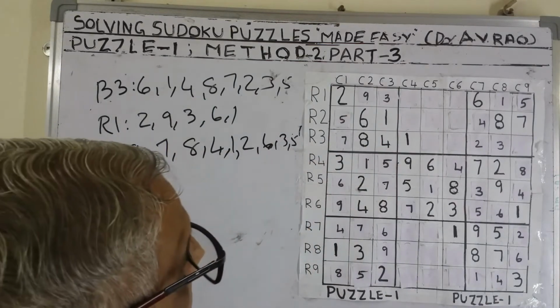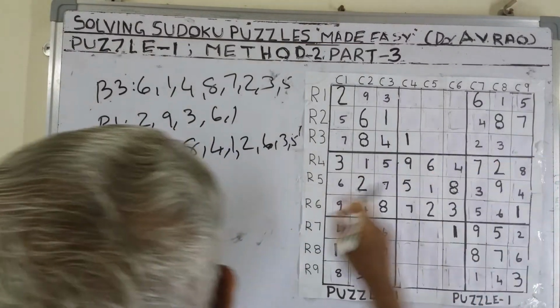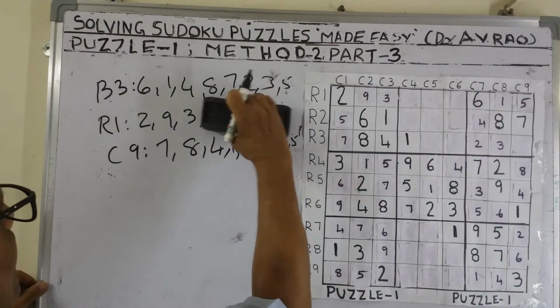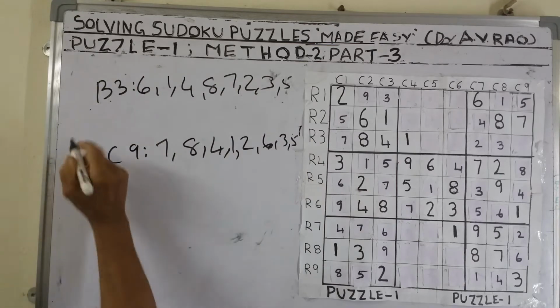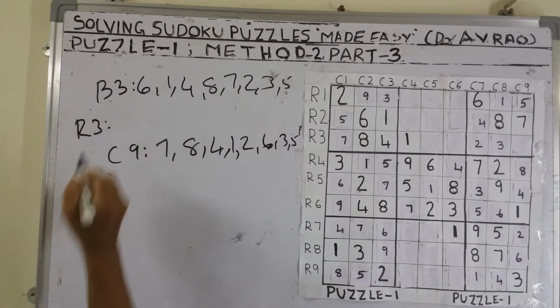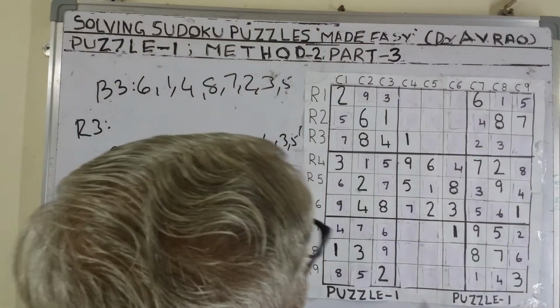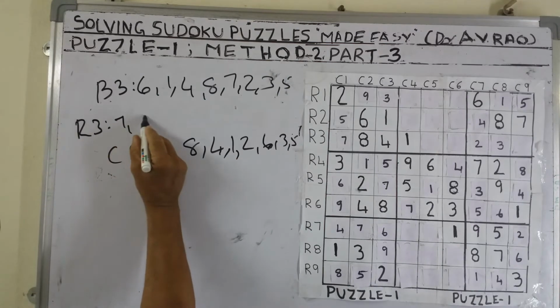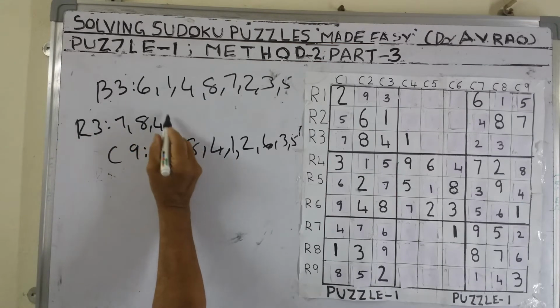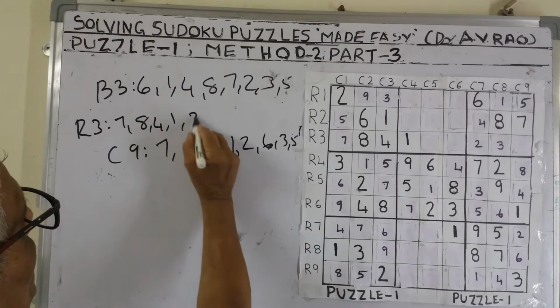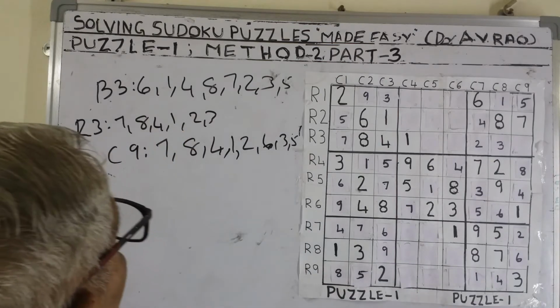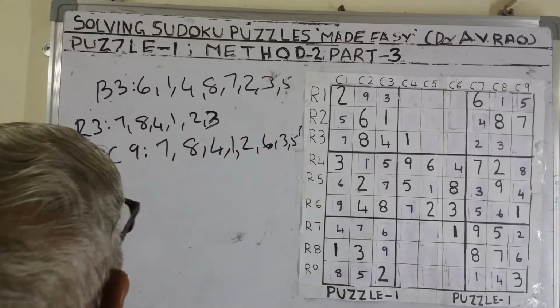Now we have to take row R3: 7, 8, 4, 1, 2 and 3. These are the numbers in R3.